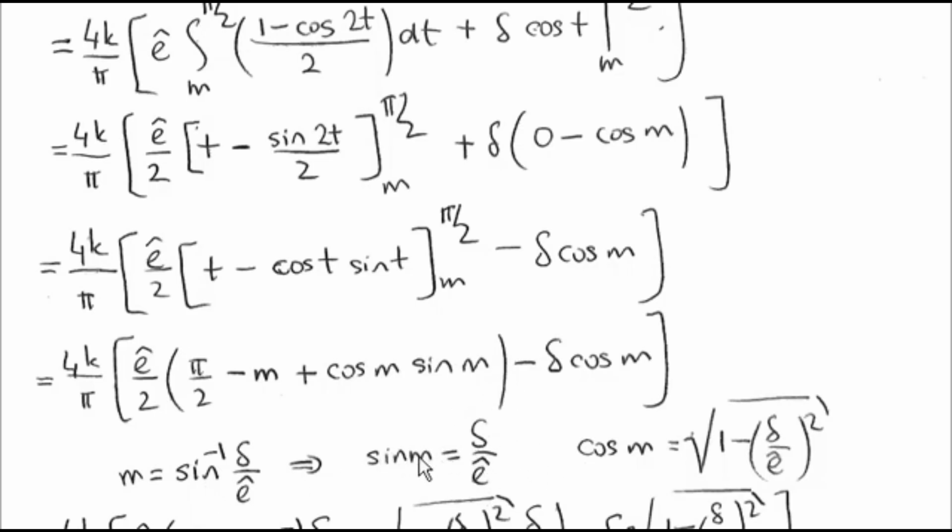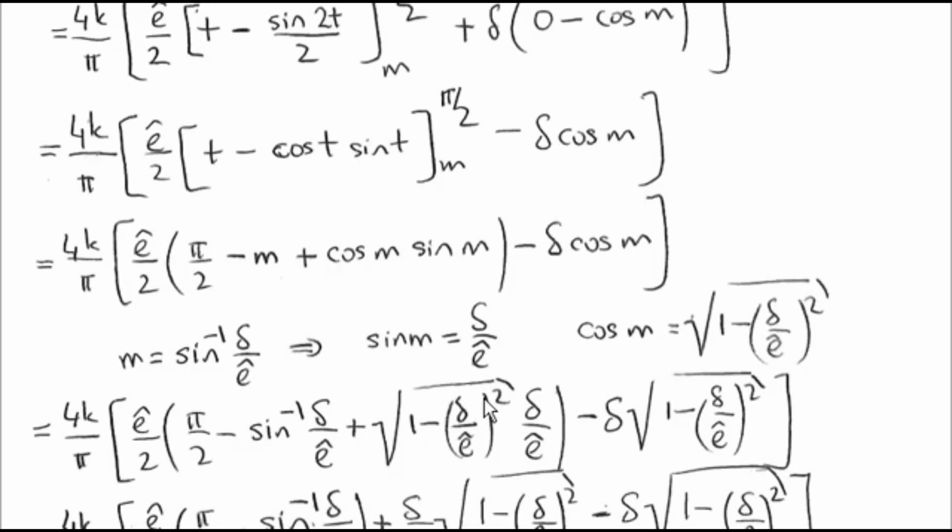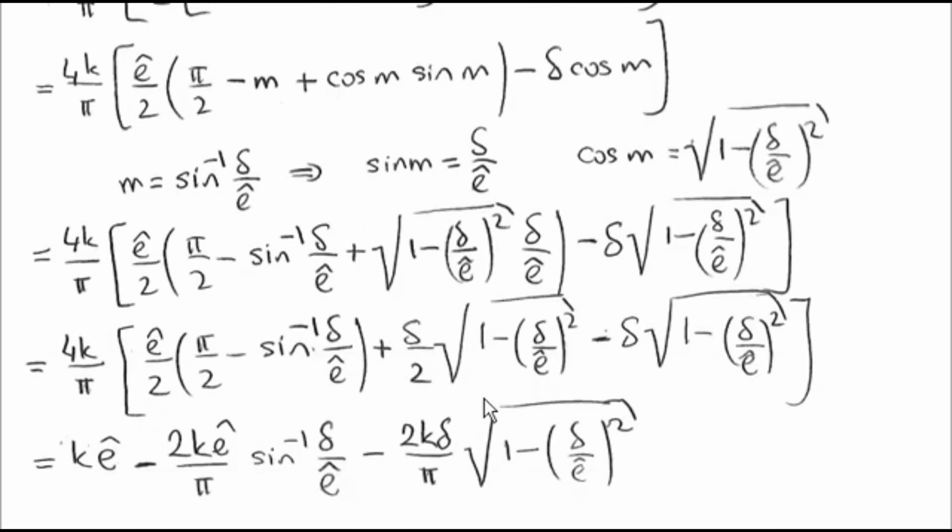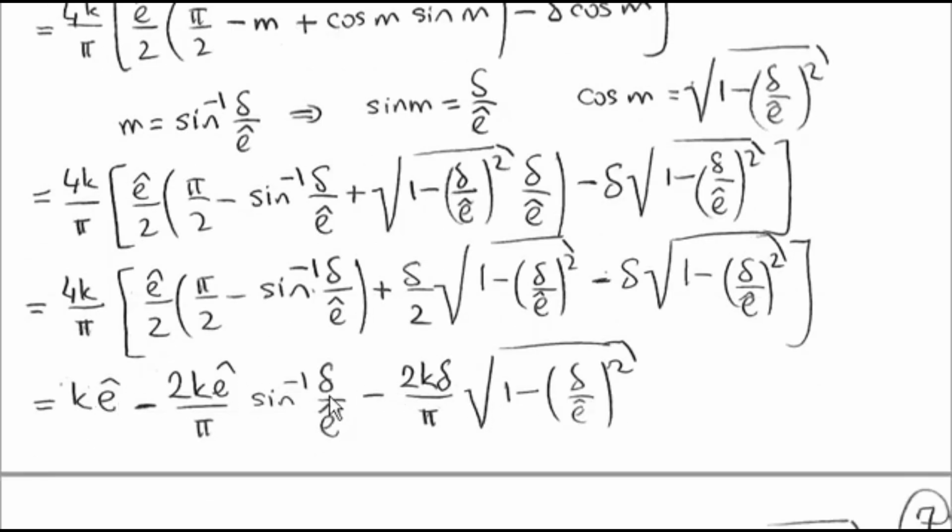And since this m is between 0 and pi over 2, cosine m is going to be given as the square root of 1 minus sine square. So this is my cosine m. And I can actually substitute these results into the integral. So now if I continue in this manner, I'm going to get a complicated expression here. So you have to do this yourselves in detail as an exercise.